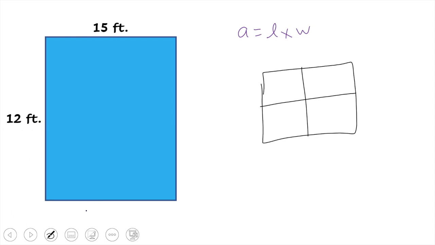Now we're going to break it up. 15 can be broken into 10 and 5, and 12 can be broken up into 10 and 2. Now let's fill in the boxes. 10 times 10 is 100. 10 times 5 is 50. 10 times 2 is 20. And 5 times 2 is 10. I'm going to add all these up.